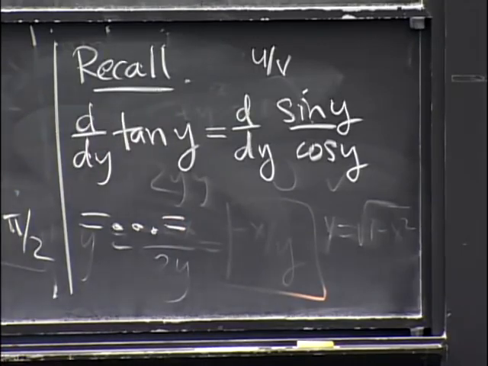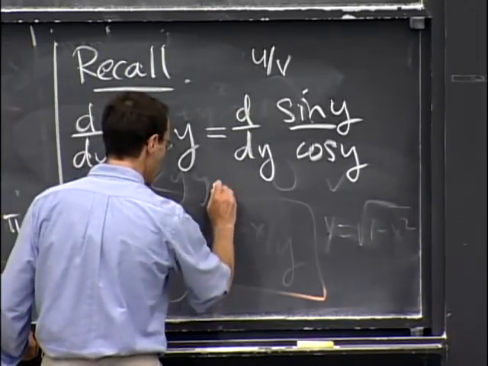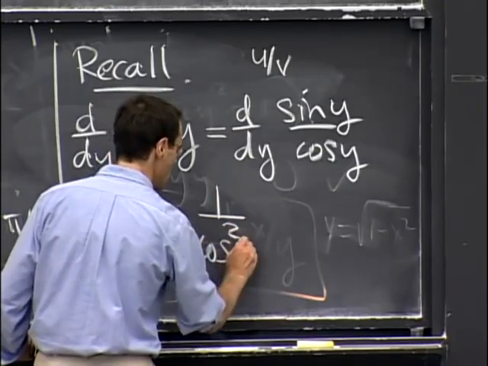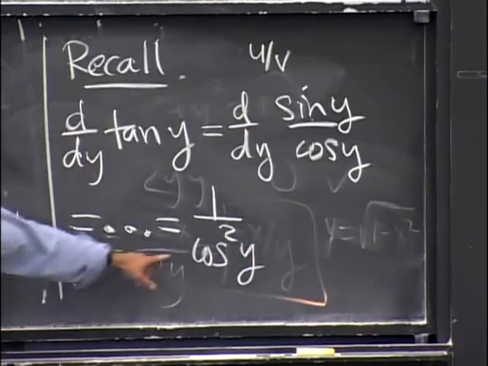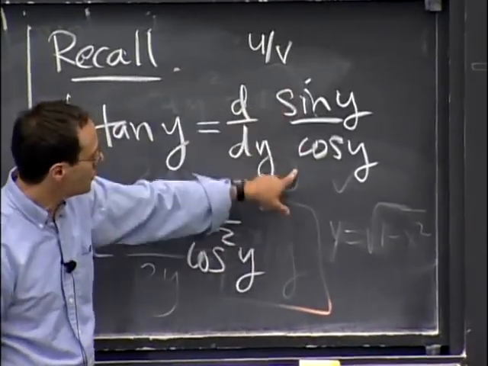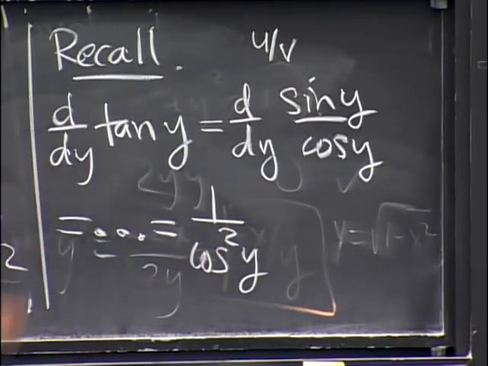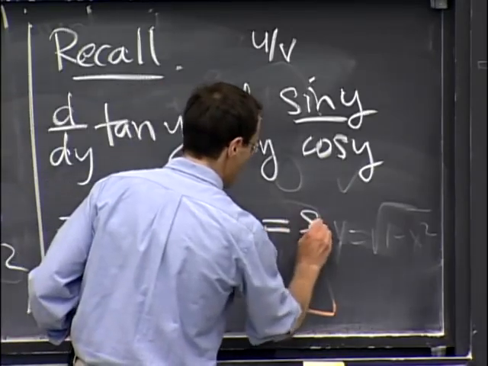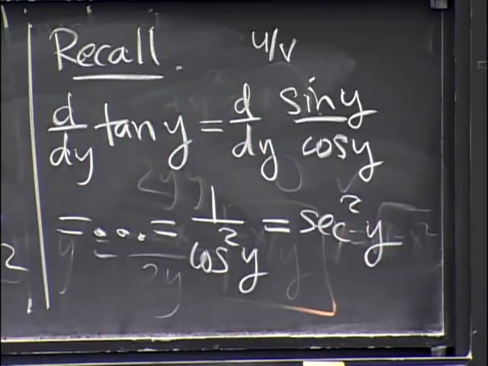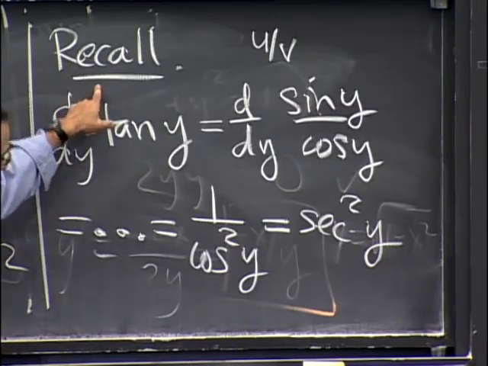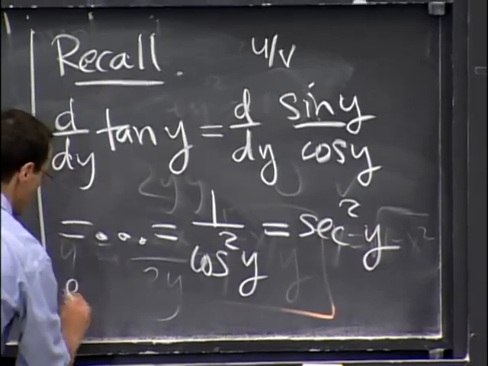But what you get in the end is some marvelous simplification. It comes out to be 1 over cosine squared y. You can recognize the cosine squared from the fact that you should get v squared in the denominator. And somehow the numerator all cancels and simplifies to 1. Okay? And this is also known as secant squared y. So that's something that, if you haven't done it yet, you're going to have to do as an exercise.